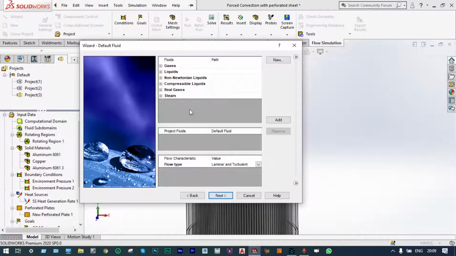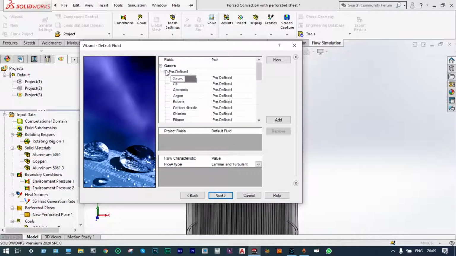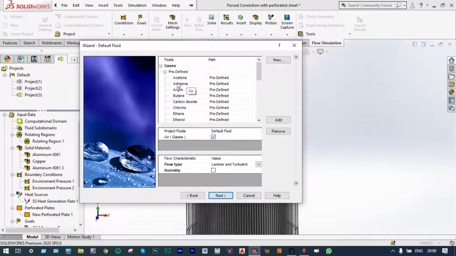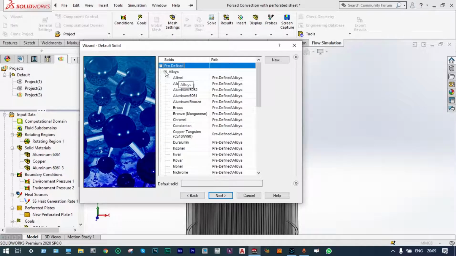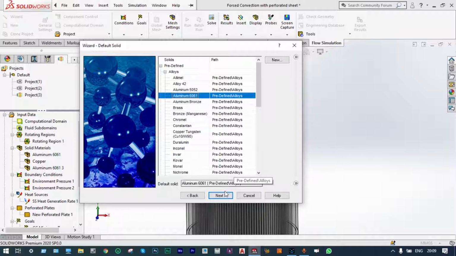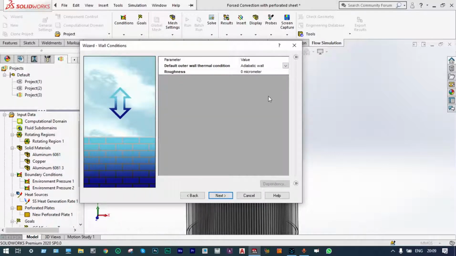Next, we have to select the gas. We'll consider air as the gas. Next, the default material we'll consider as aluminum alloys, that means aluminum 6061, and the other materials will be provided while applying boundary conditions. Next, the default outer wall thermal conditions and roughness we are considering.